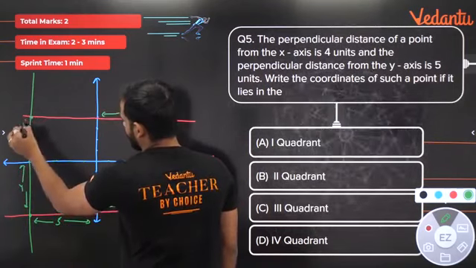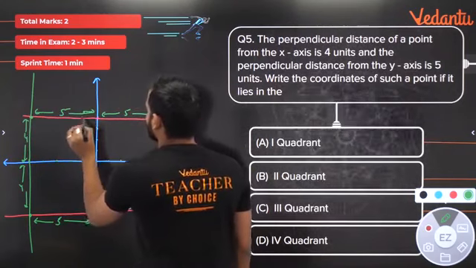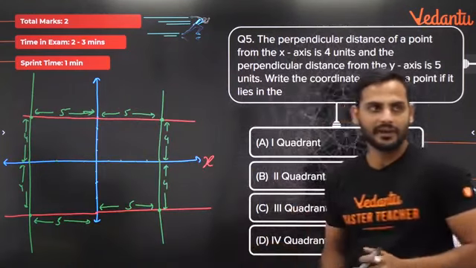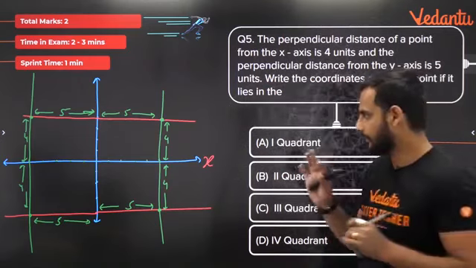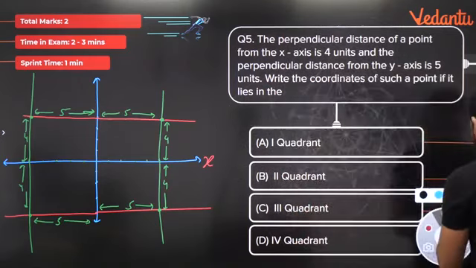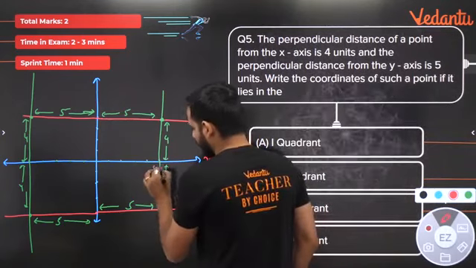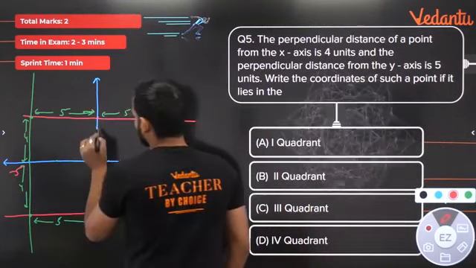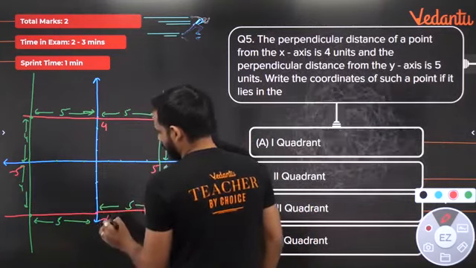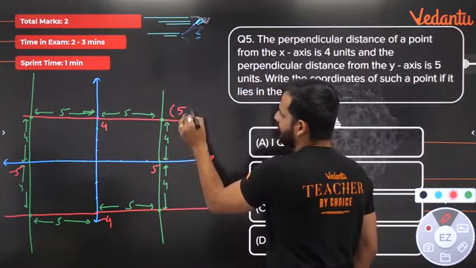Distance can't be negative, but you know it follows a convention, plus minus. So now, if I want to name these points, this is 5, this is minus 5, this is 4, this is minus 4. The point which is in the first quadrant will be 5, 4.